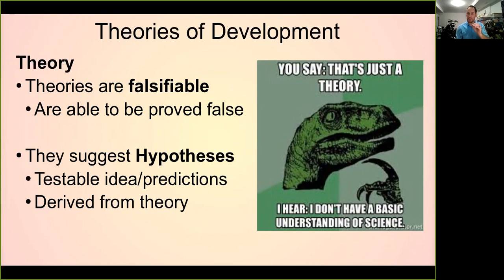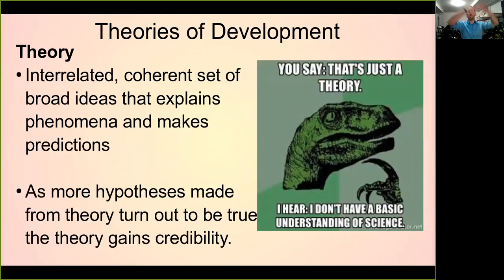So those hypotheses are a testable idea. You would do a study on a hypothesis. So the theory itself is this more broad idea that's explaining many, many things and can make many predictions. Then you test one of those predictions, and that would be your hypothesis that you're testing. So the more times the hypotheses turn out to be true, the more sure you are of the theory's validity or truth, the more it gains credibility.